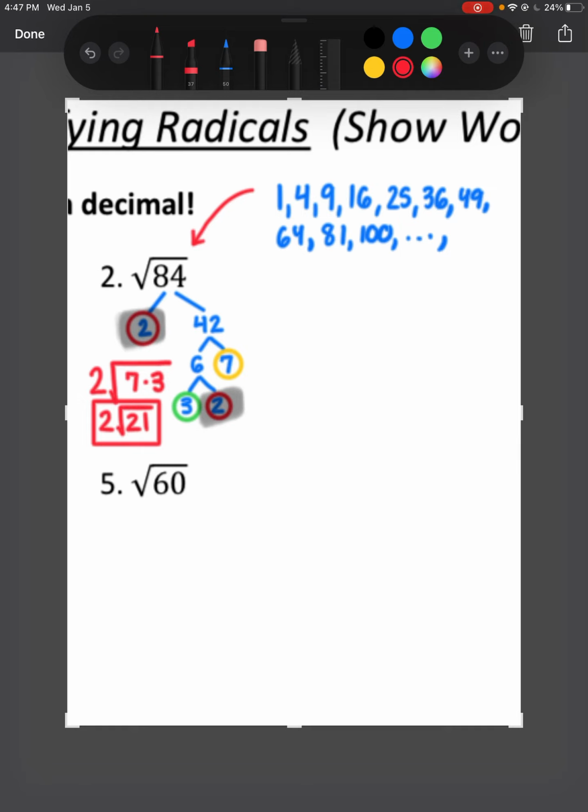So you know we're not going to be going anywhere above the 81. We know 81 certainly doesn't go into 84 evenly. 64 doesn't go in evenly. 49 doesn't. 36 doesn't. And you can test these out by doing the division in a calculator. This one does not. 4 goes into 84, right?